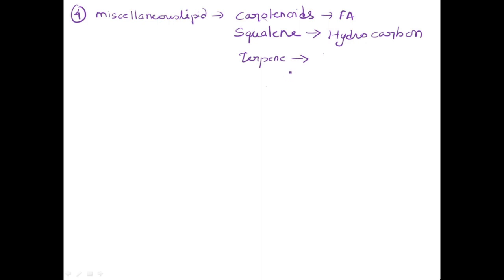These are organic compounds, and they contain isoprene unit, that is C5H8. Because of the presence of hydrocarbon chain, they are lipophilic in nature. So they are categorized under miscellaneous lipid.